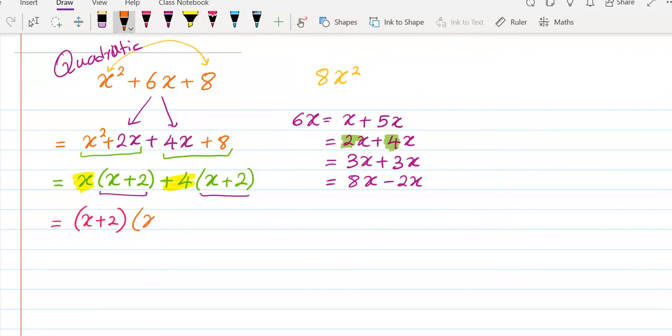So I write down x plus 4. Now you can see I have factorized x squared plus 6x plus 8 as x plus 2 and x plus 4. Well, of course, x plus 2 and x plus 4 are factors of x squared plus 6x plus 8.